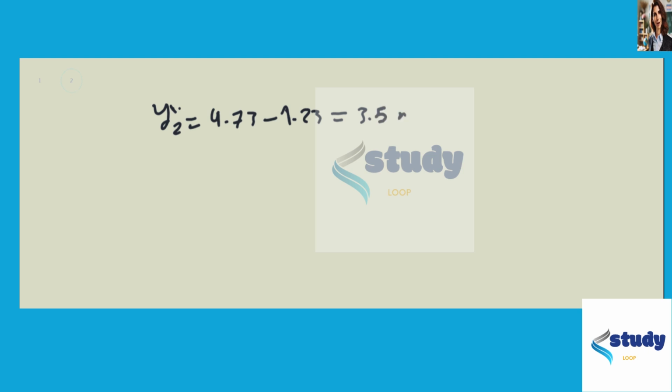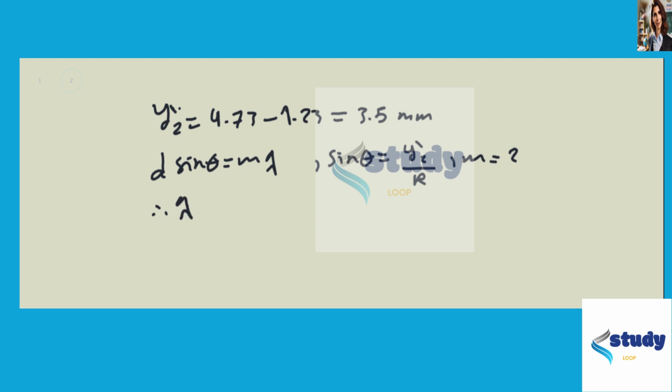Now again the condition is d sine theta equals m lambda, where sine theta is y2 prime over r, and m is 2 again because this is the second order. We're looking for lambda, so we put lambda on one side. It will be d over m, which is 2, times sine theta, which is y2 prime over r.